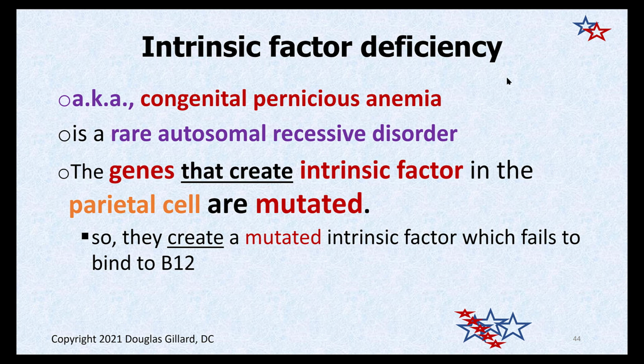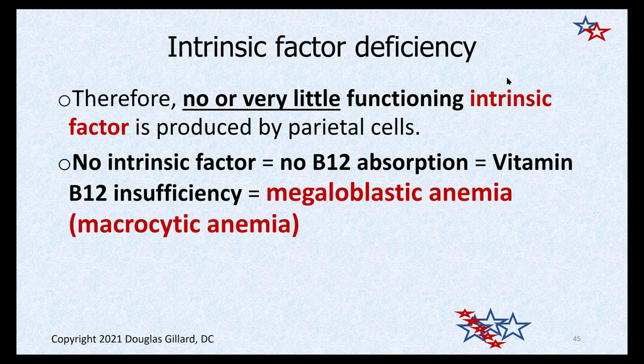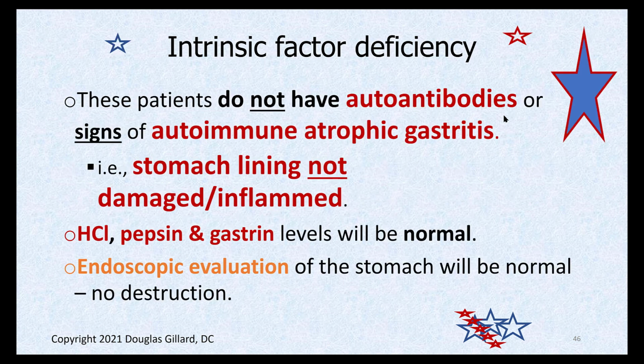So there's no inflammation, nothing's under attack. The person was just born with mutated machinery, so they can't make intrinsic factor. Okay, but it will do the same thing. If you don't make intrinsic factor, you're going to have vitamin B12 deficiency. You're going to have megaloblastic anemia, or you could say you're going to have macrocytic anemia. There's those three again. So make sure you know those.